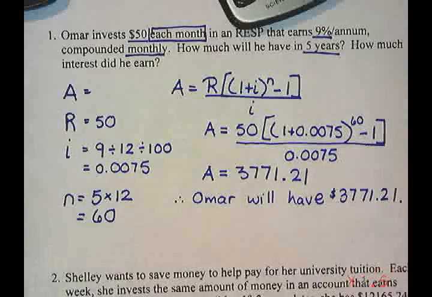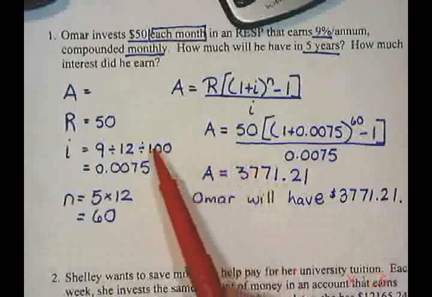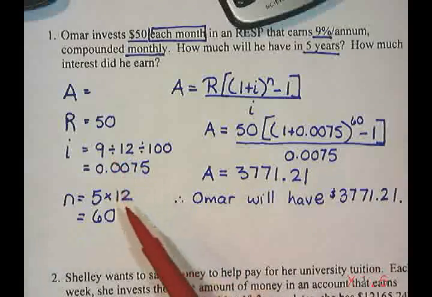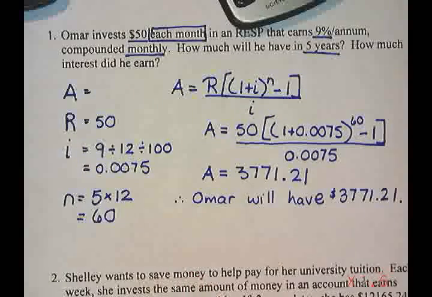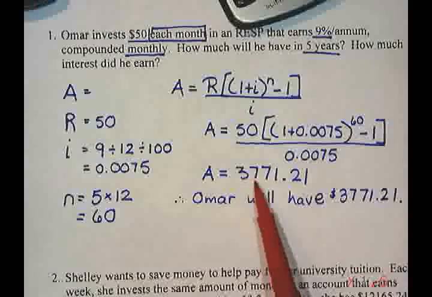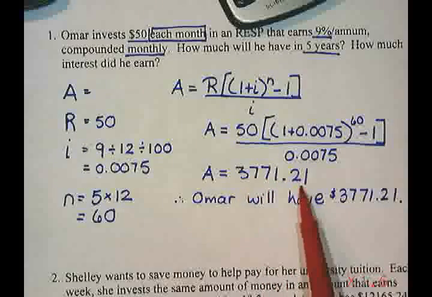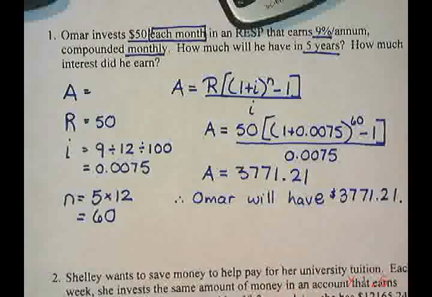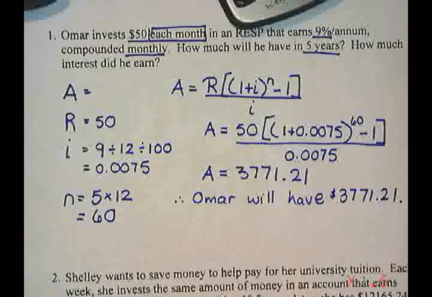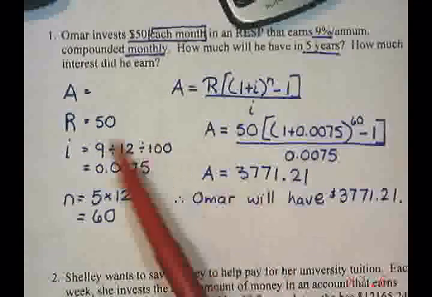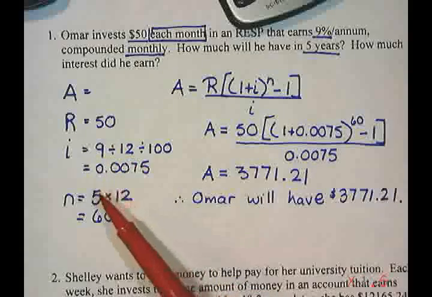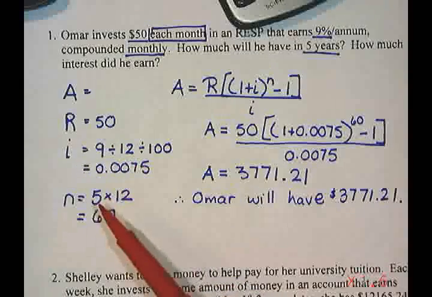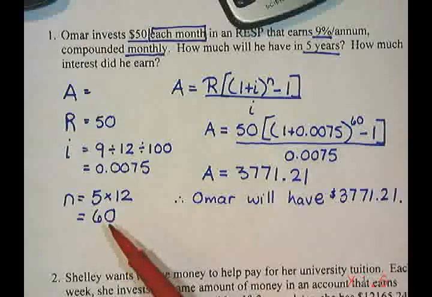Now that isn't the entire question. The question also wants to know how much interest he earned. And when it asks about interest, it's not asking you to tell me what the rate was. It's asking for actually how many dollars were there in interest. So I know that he ends up with $3,771.21, but I need to think about how much money Omar actually put into the account in the first place. So I know that he was making payments of $50, and he actually was doing it 12 times a year for 5 years, or 60 times.